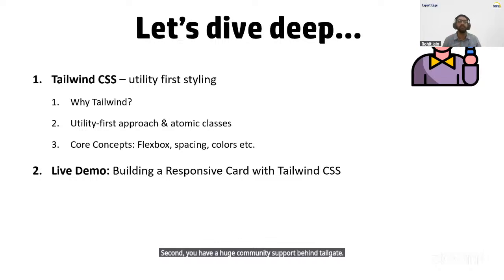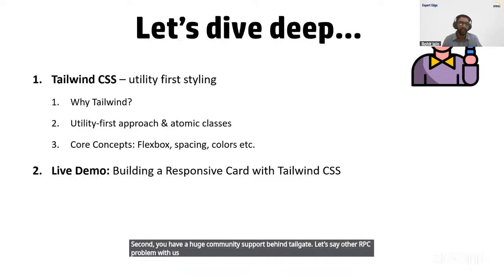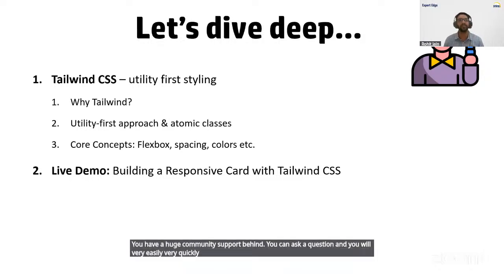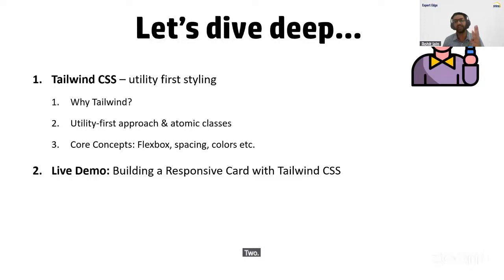Let's say if you get stuck in a problem while using Tailwind, you have huge community support behind it. You can ask a question and you will very easily, very quickly get your answers. And third, yes, it makes your work very, very fast.